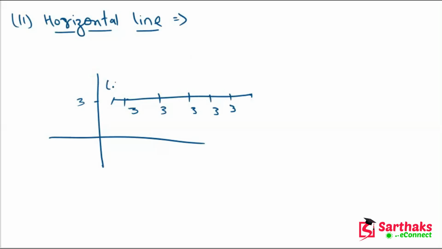So the points like (1, 3), (2, 3), (3, 3), (4, 3), and (5, 3). The x-coordinates increase, but the y-coordinates do not. This is constant. So this is our horizontal line. Okay, my dear friends, I hope you understand these things.